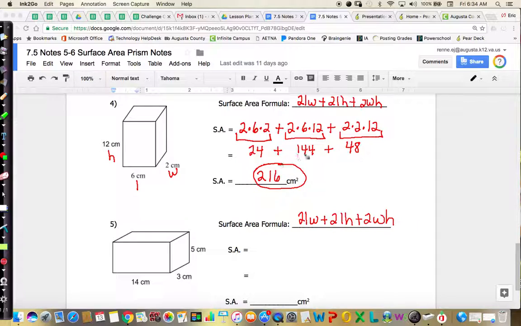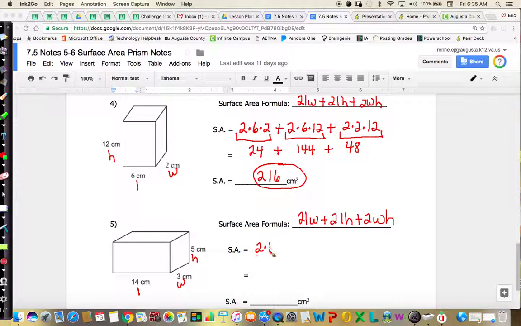Okay, and then we add them all up, and we get our final answer, which is our surface area, which is the total area of all the surfaces. So we're going to label length is how long, width is how wide, and h is the height, how tall it is. So we're going to take 2LW, and we're going to write it out.